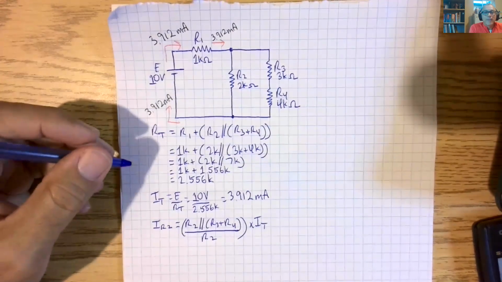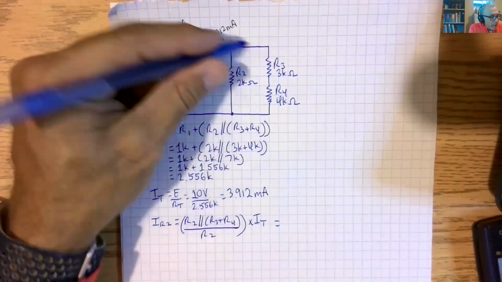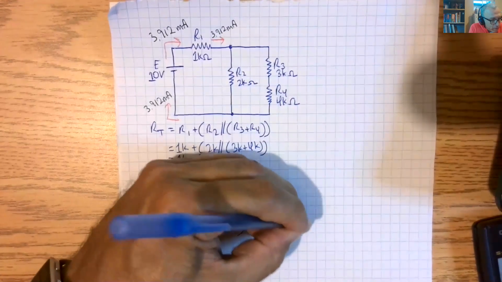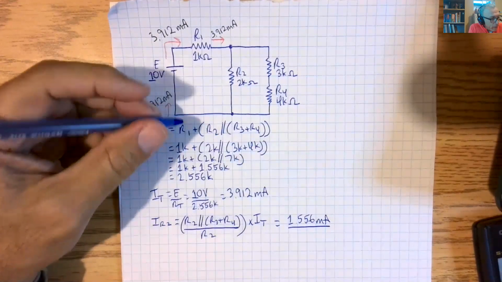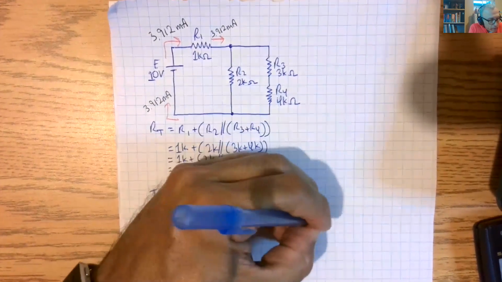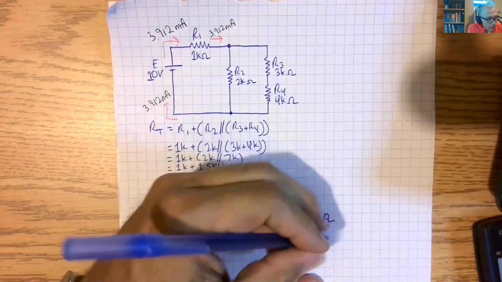In this case, it's still IT, okay? So this network here we figured out before is 1.556 over 2K. This should have been kilo ohms. I'll fix that when I post it.